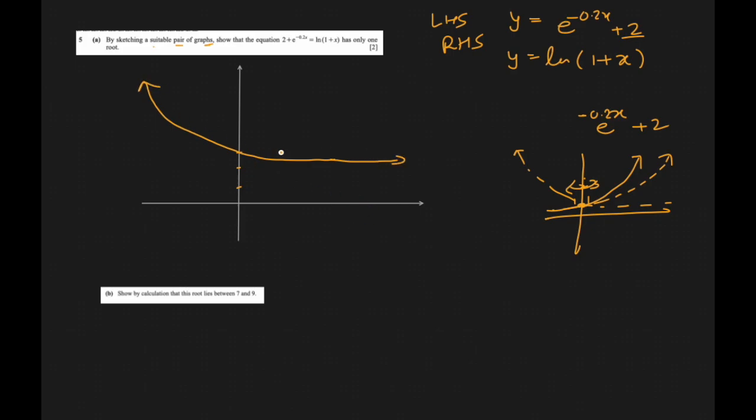Okay. That's the first part. E to the power minus 0.2x plus 2. Second graph has to be natural log 1 plus x. So natural log graph is like this. But this plus 1 will shift it, translate it to the left side.